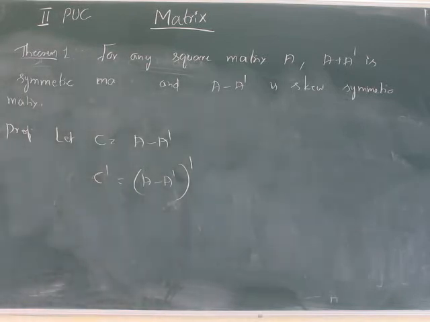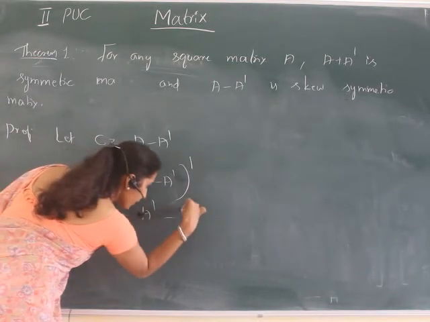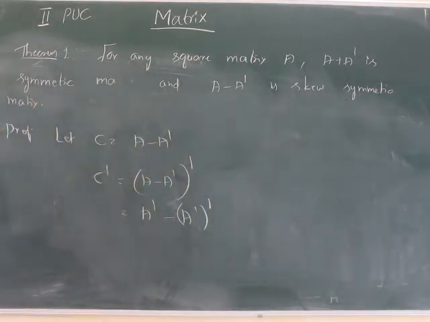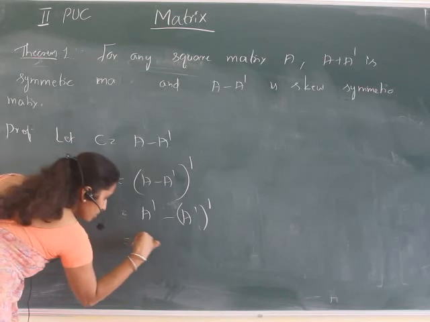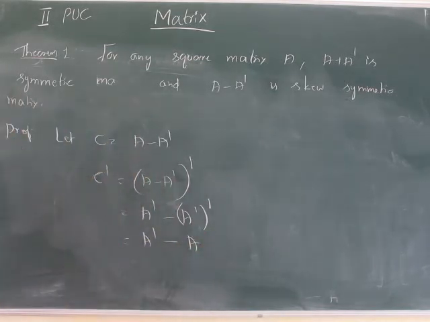So C transpose is A minus A transpose whole transpose. This will be equal to A transpose minus A transpose transpose. So it will be A transpose minus A.